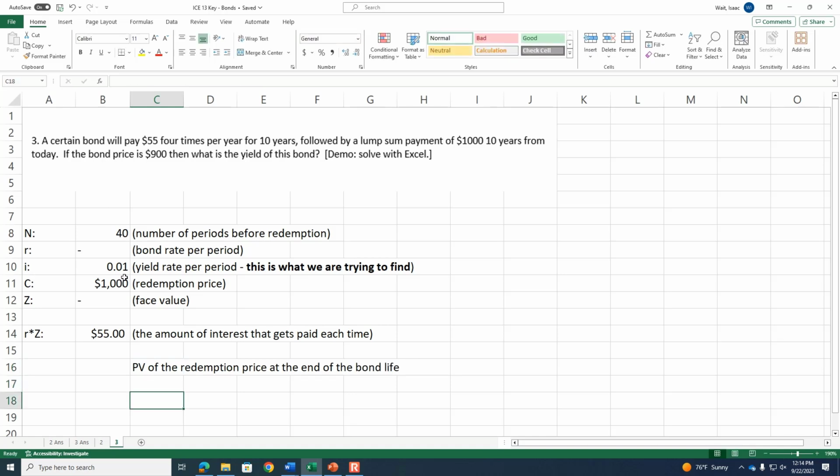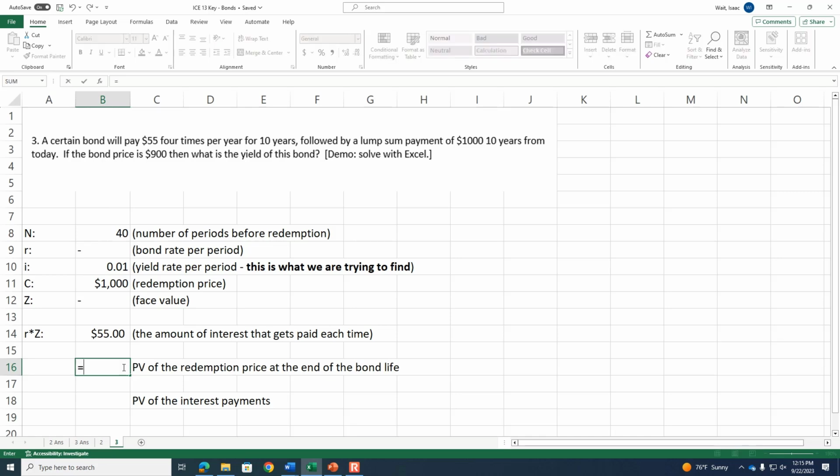P given A, the PV of the interest payments. All right, so let's calculate those two things with this hypothetical 1% yield. Like, how much would the bond be worth if it was 1% yield?